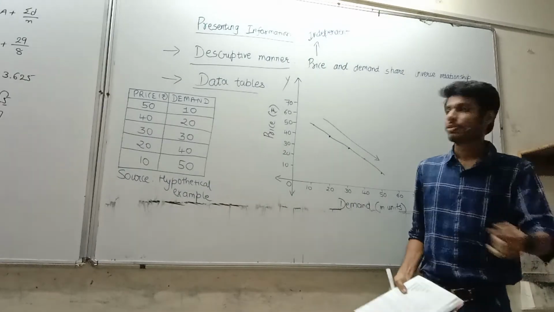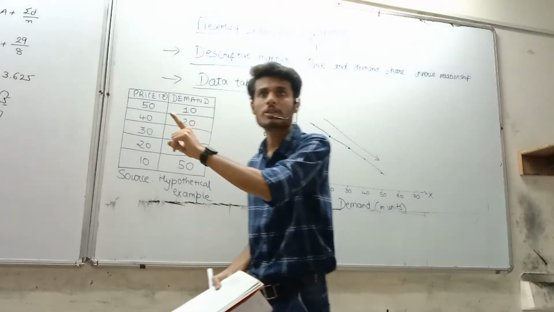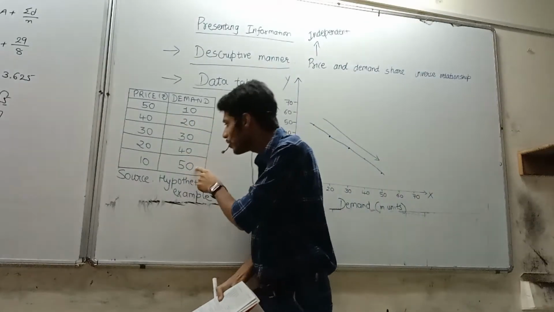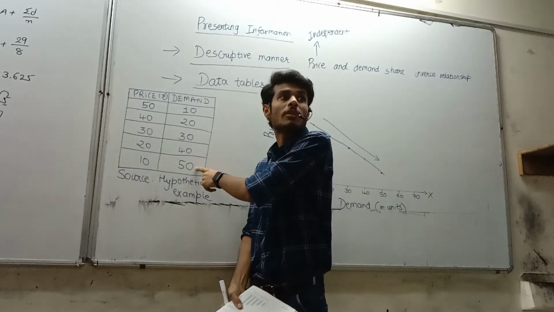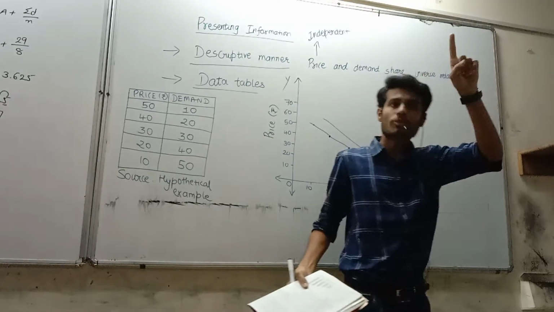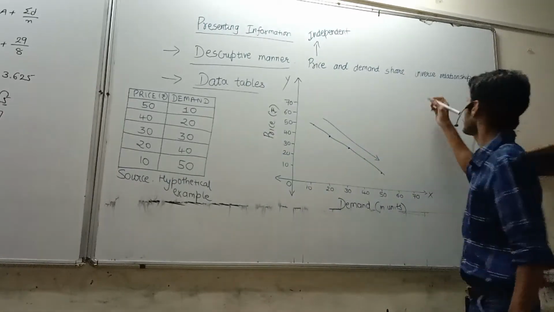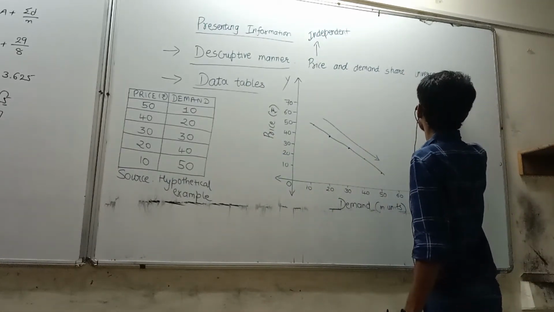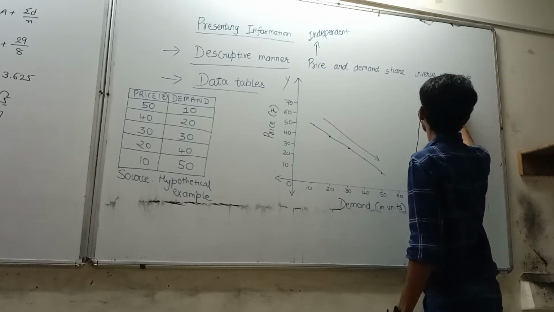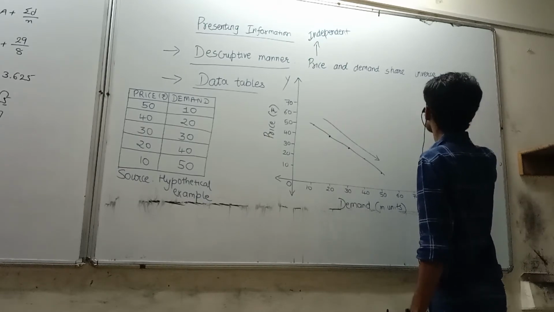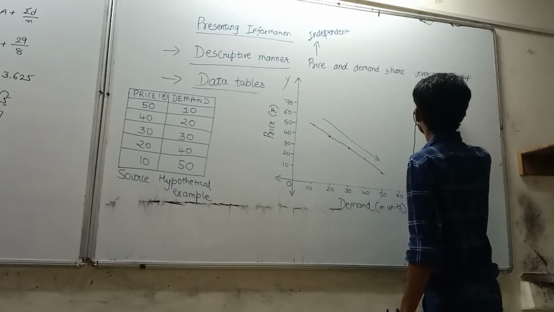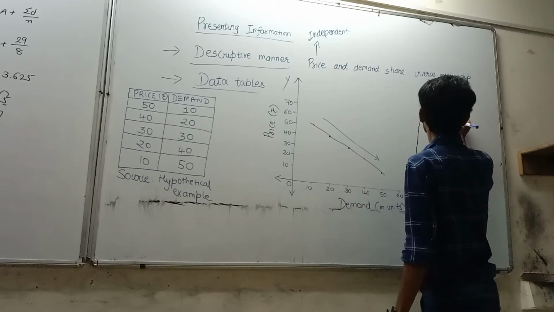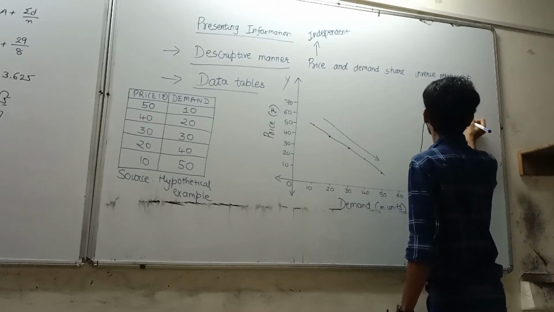Actually, if you take 1 centimeter is equal to 1 unit, then how are you going to plot 50 centimeters in your book? Right? So what you are going to do is, you have to take a scale saying 1 centimeter is equal to 10 rupees on the y-axis and on the x-axis 1 centimeter is equal to 10 units.